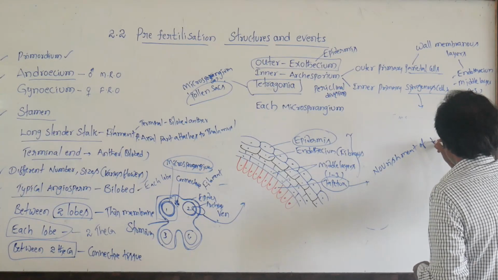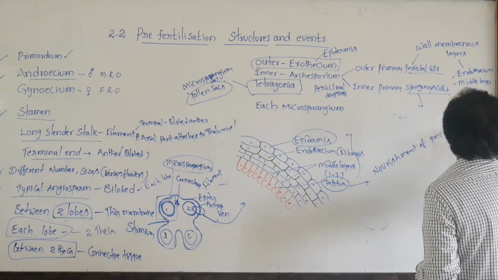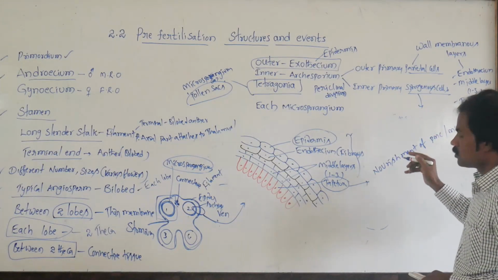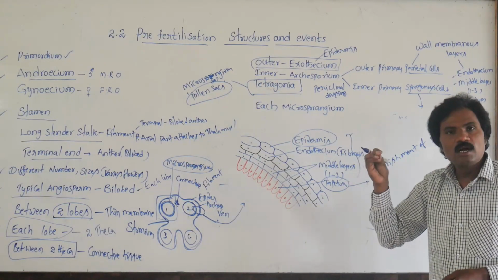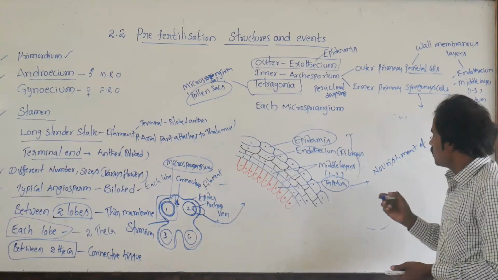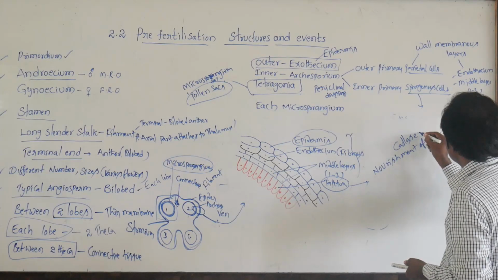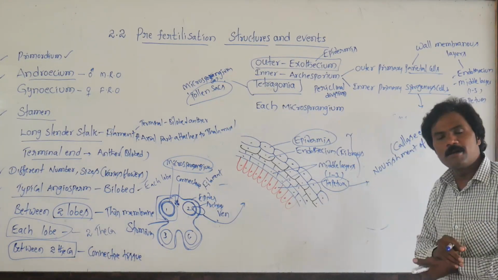What type of nourishment? It helps in secretion of enzymes and food material. One such enzyme is callase. It produces the callase enzyme.